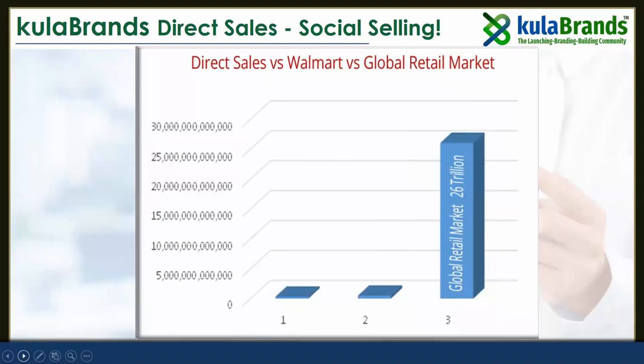Number 3 is where the opportunity is, right? And so that is our goal. Utilize number 1, the direct sales market, to get the product going, to keep cash flow coming into the business, but ultimately then be able to sell into that global $26 trillion plus marketplace.